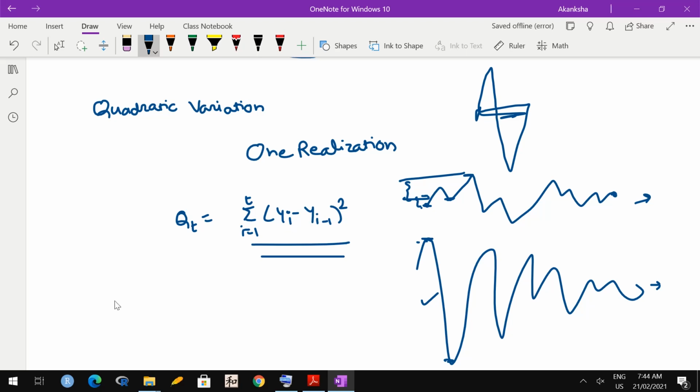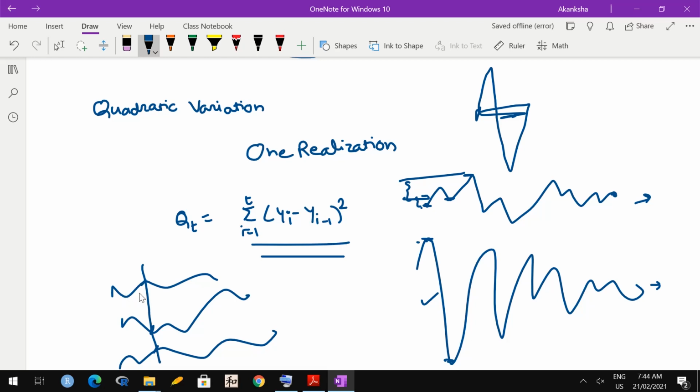Second thing, what does variance do? Variance considers all possible realizations, so variance of y_3 would mean: what are the possible values of y_3 under different realizations? Take those values and compute variance over them. But because this is not possible in real life, because you don't have multiple realizations, quadratic variation cannot do that.